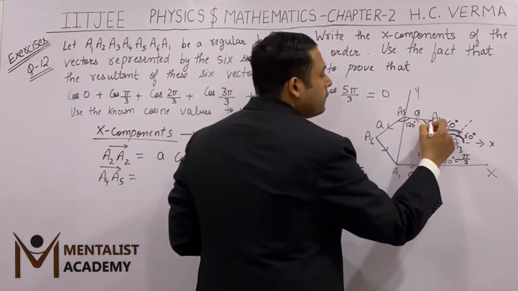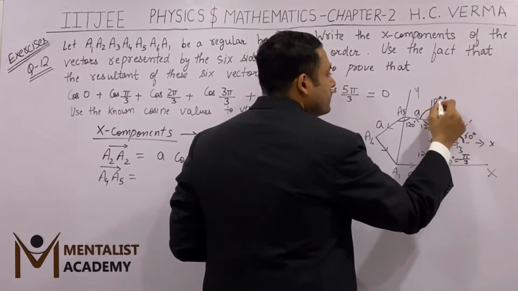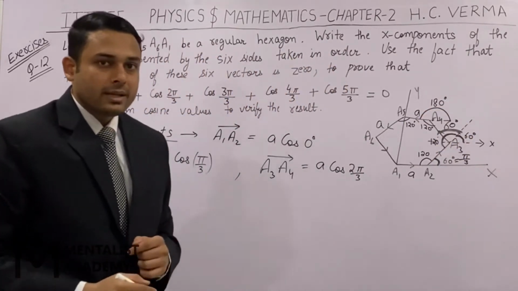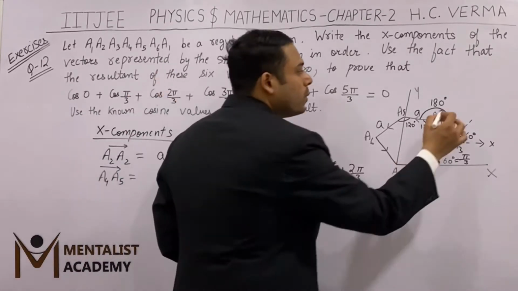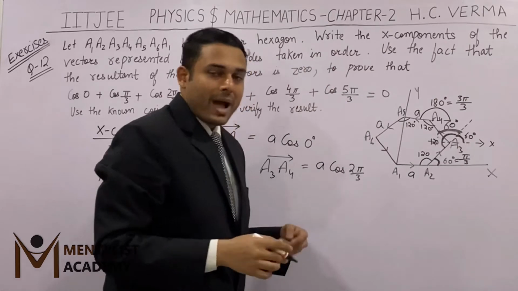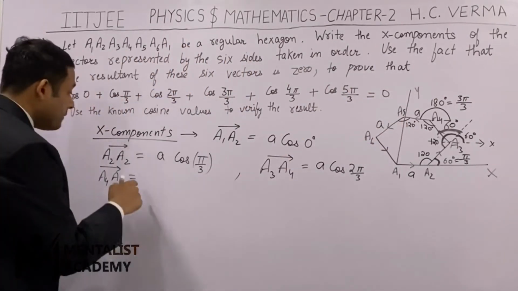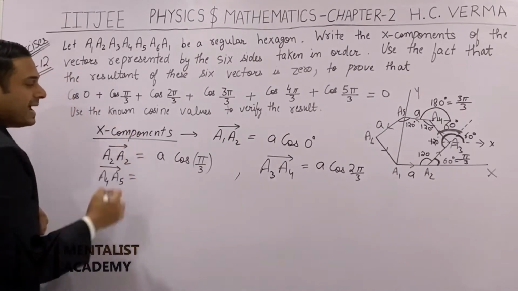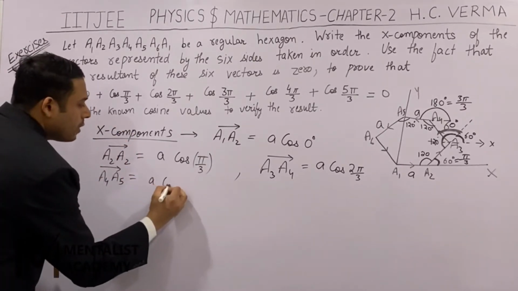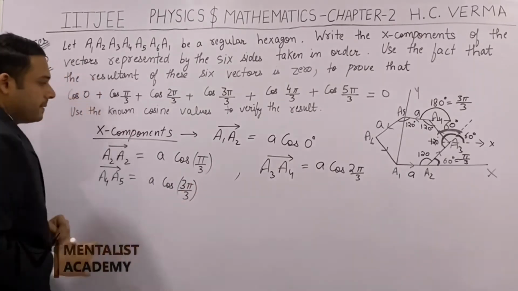So if we have to find out the angle, this is the angle which it makes with the x-axis, which is equal to 180 degrees, and 180 degrees is also equal to pi, or we can write it as 3 pi by 3. So therefore the A4 A5 x component would be a cos 3 pi by 3.